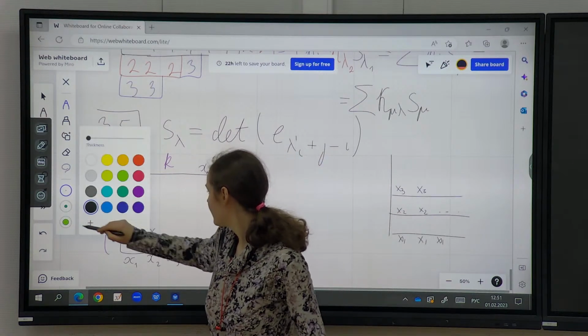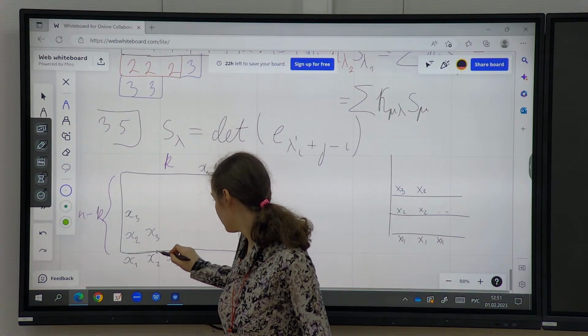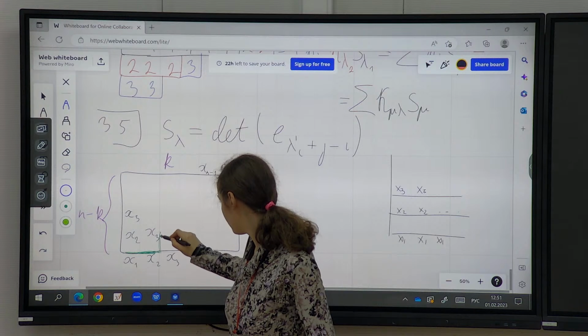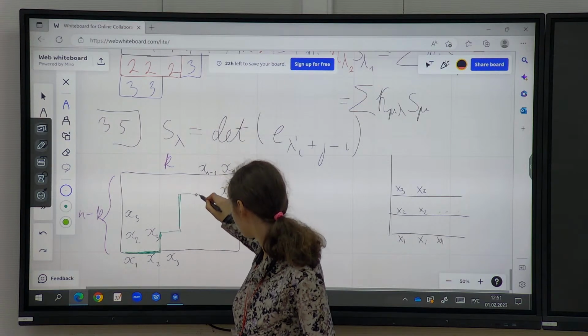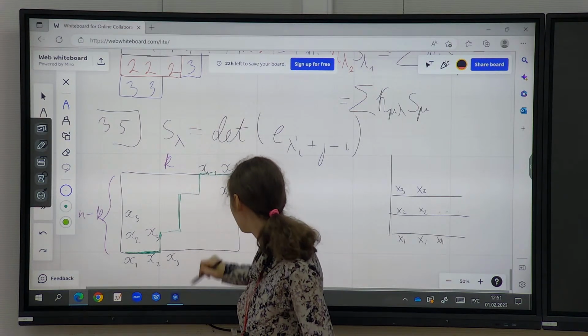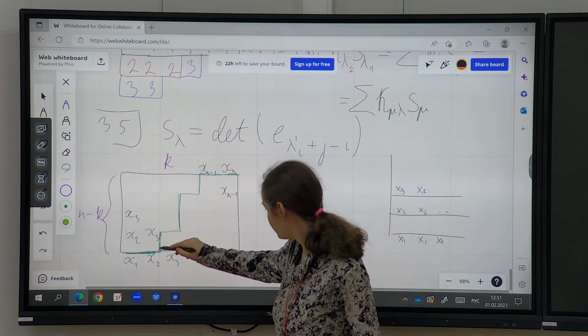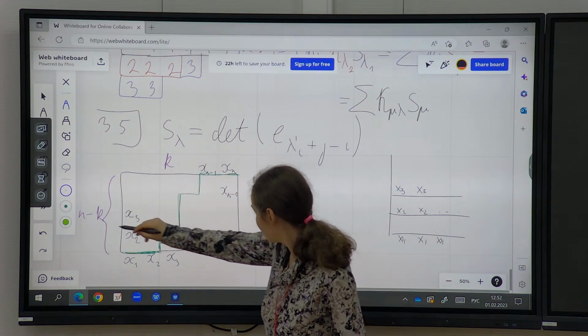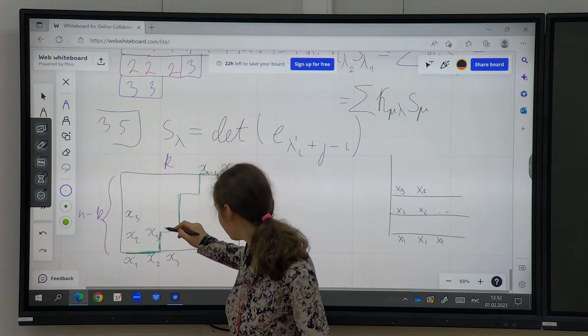Okay, and so if we draw a path from one corner to another, no variable will appear on it twice.